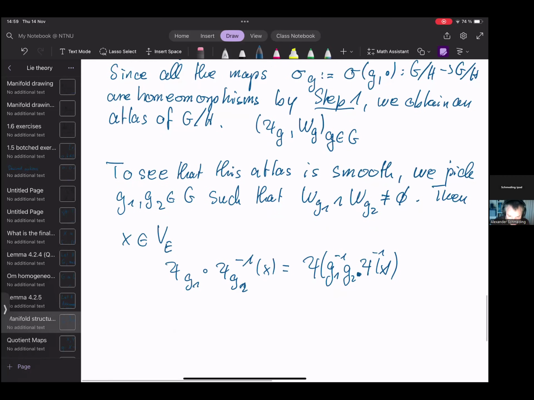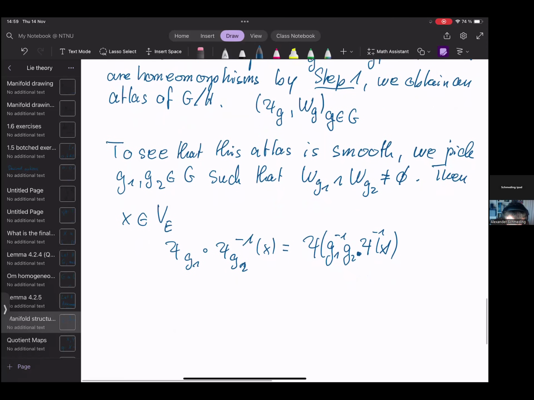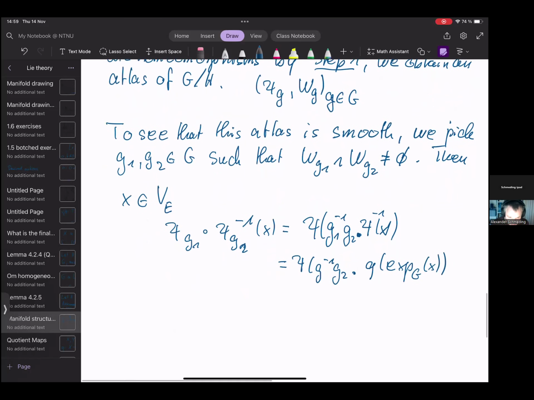Okay, and now we can basically take a look at what is happening here. So what is the psi inverse? That's something we need to check. So if we go back to the definition of what psi is, then we see that the inverse here is just given by Q applied to exp G evaluated in X. Okay, great.